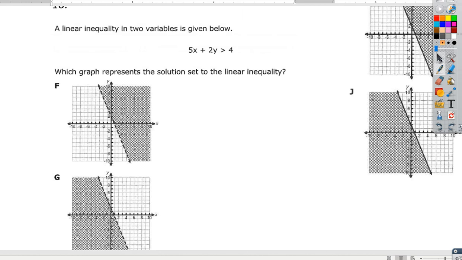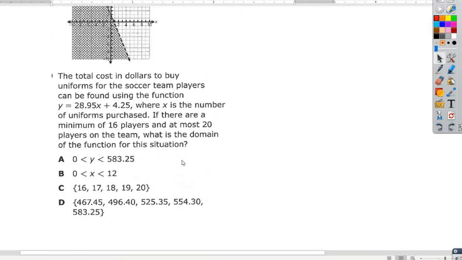Alright, I'm almost done. It says the total cost in dollars to buy uniforms is given by this equation. If there are a minimum of 16 players and at most 20 players, what is the domain of the function? Okay, so domain is x.